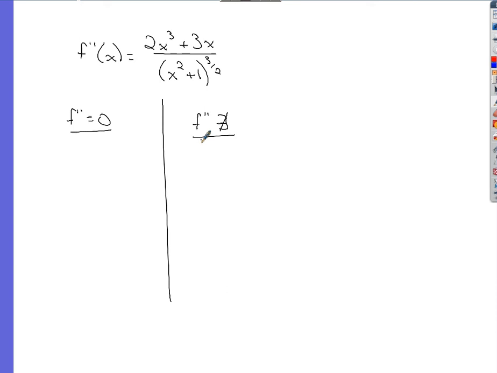Where the second derivative equals 0, we're taking that numerator expression of 2x cubed plus 3x, setting that equal to 0 to solve. And to figure out where the second derivative does not exist, we're taking that denominator from the second derivative, setting that equal to 0 to solve.